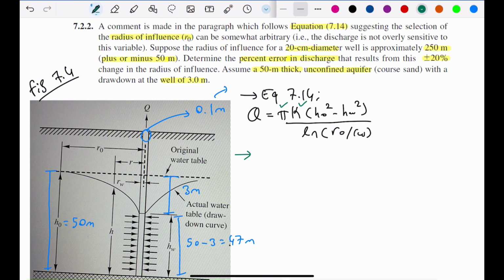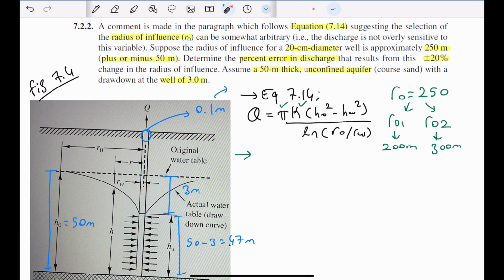So this means that we have a radius of influence as 250 meters, and we need to see the change in discharge for radius of influence 1 and radius of influence 2. So let's say this is 200 meters and this is 300 meters, because in the question it says it can be plus or minus 50 meters. So that we can see the change in discharge.